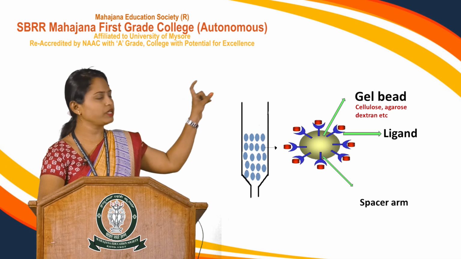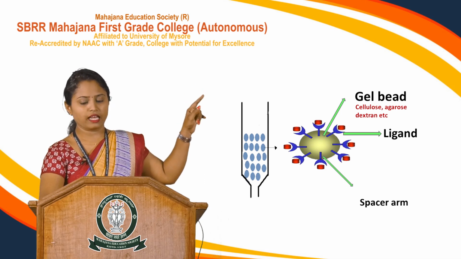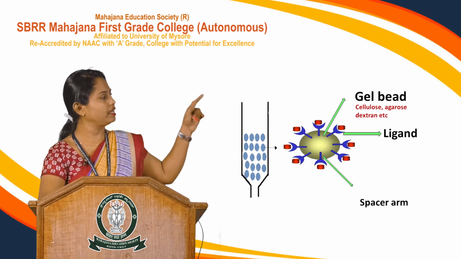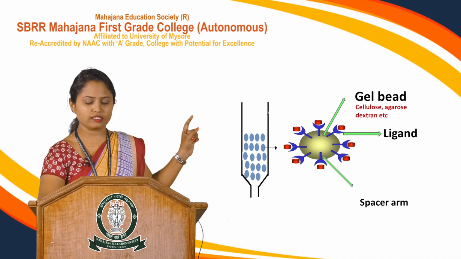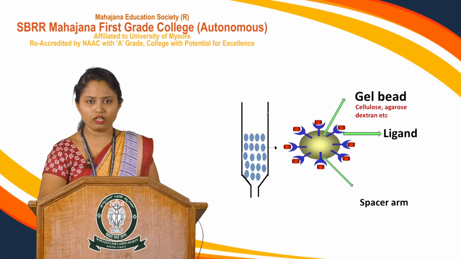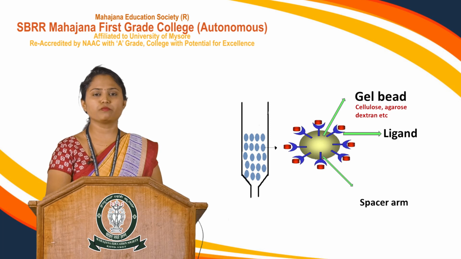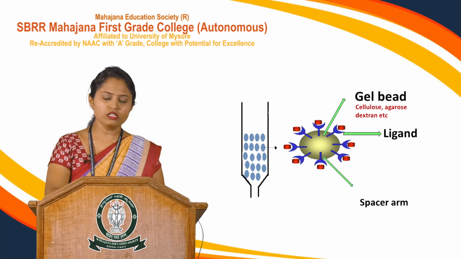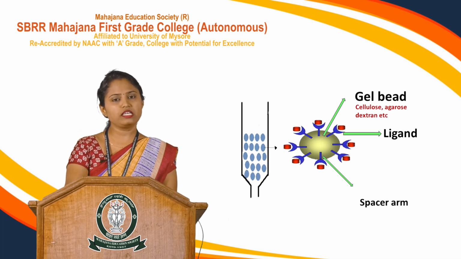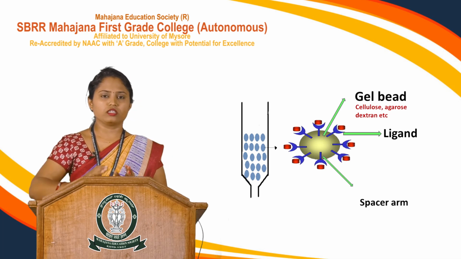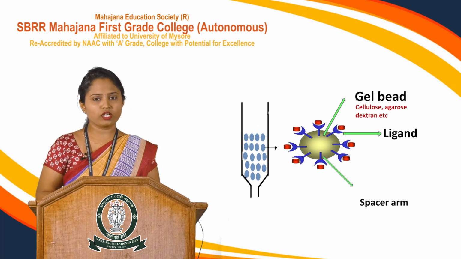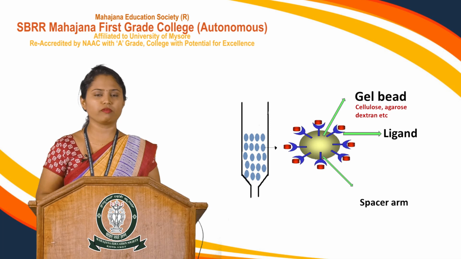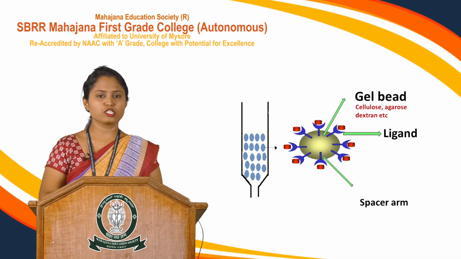This gel bead is connected by ligands, and these ligands are indirectly connected with another stalk-like structure represented with blue color, which we call the spacer arm. So, overall the stationary phase in affinity chromatography includes the gel beads immobilized by the ligands via the spacer arms.